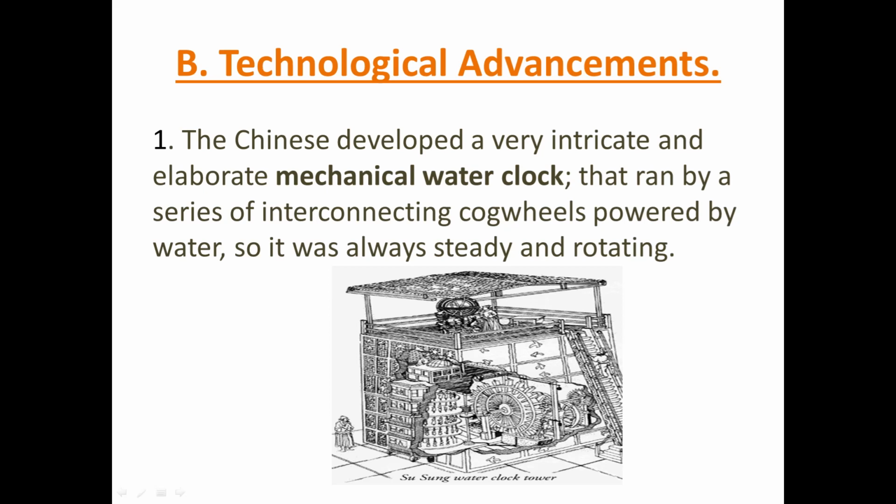When the cogwheels start moving, they force the clock to move, to be like 1 o'clock, then later 2 o'clock, and that's it. So it's always steady and rotating. Why? Because the power of water is continuous, and so is the movement of the cogwheel. So the first technological advancement is the mechanical water clock.